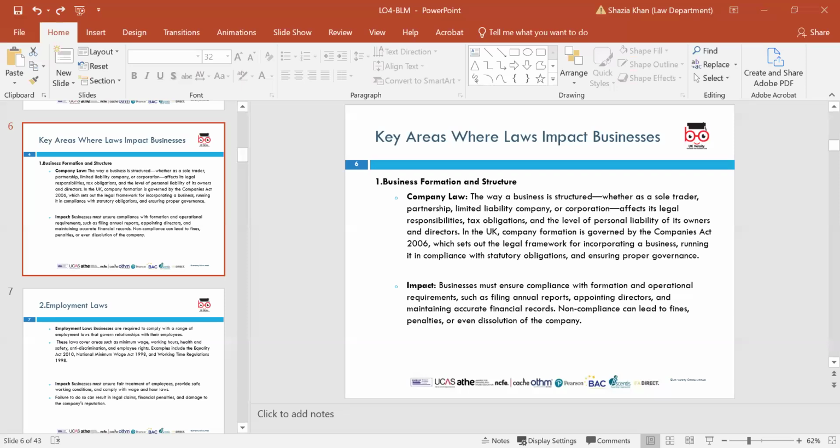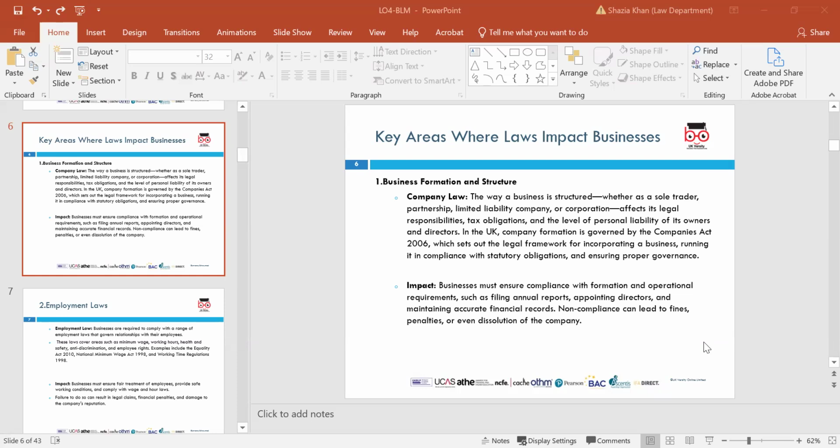So, key areas where laws impact on businesses. The first one we're going to look at is business formation, and that's really important. Under company law, the impact is on how the business is structured, whether it's a sole trader, a partnership or a PLC. These have to be registered with Companies House, and the Companies Act sets out the legal framework that they must follow.